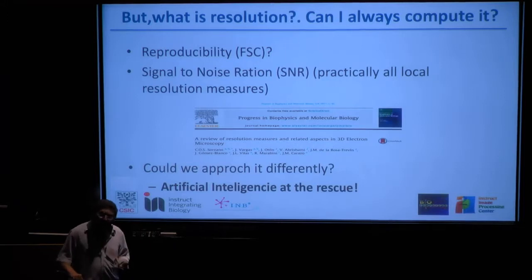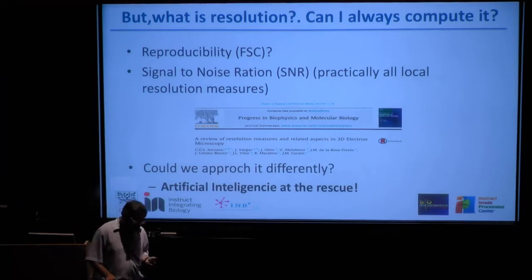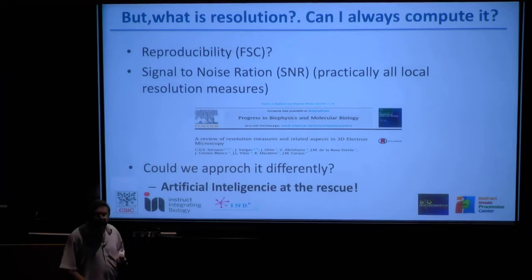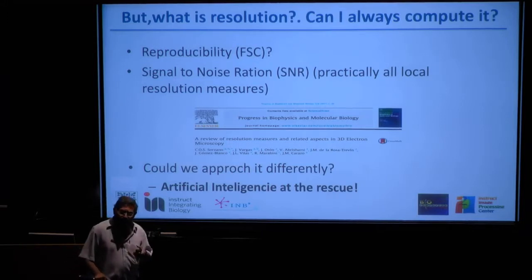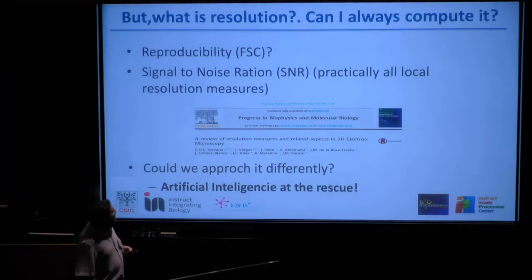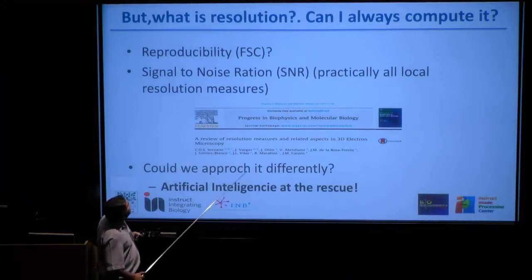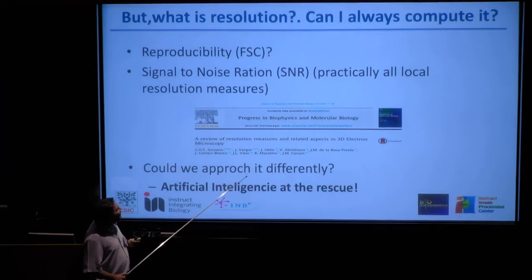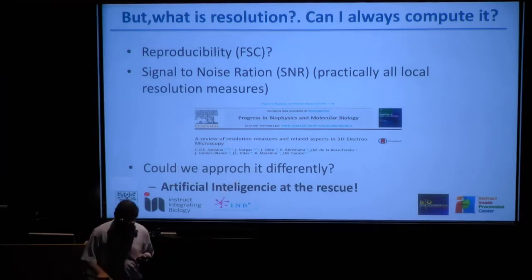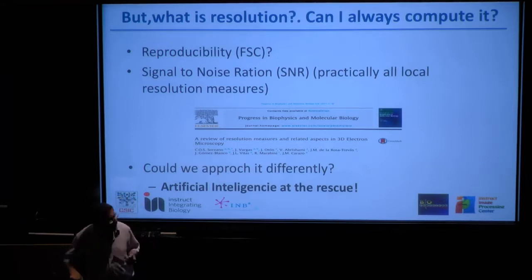How local resolution, or better still, in a short time, directional local resolution can be used to get better maps in a more focused way and with putting more information, sharpening of the map. But there was something that we didn't like, to be honest, in the calculation of the local resolution as we were all doing it.